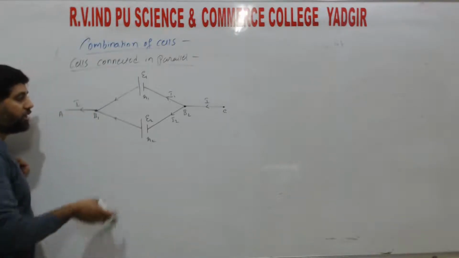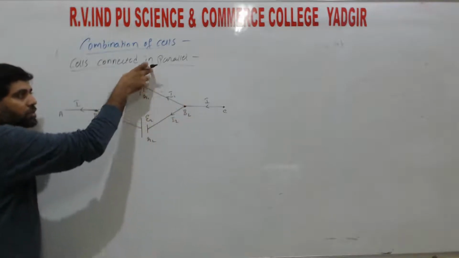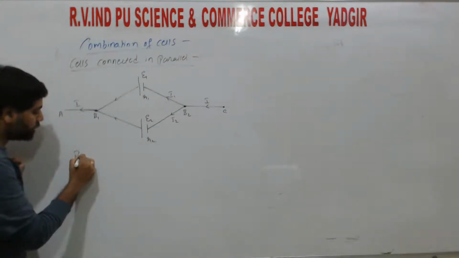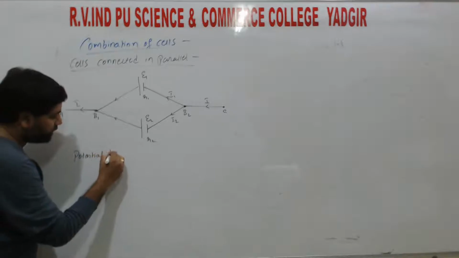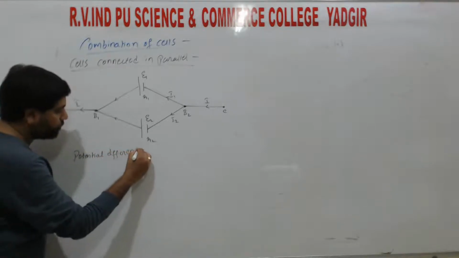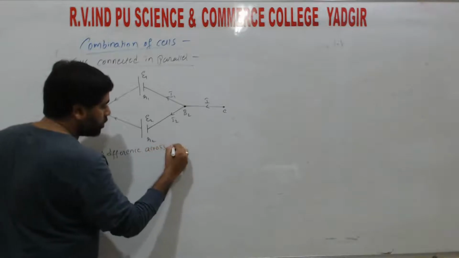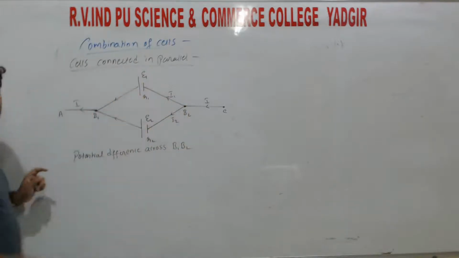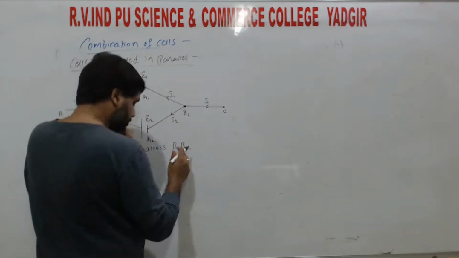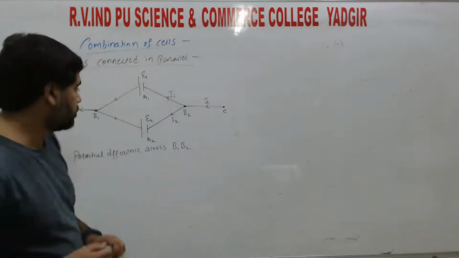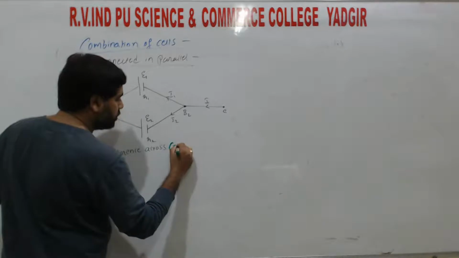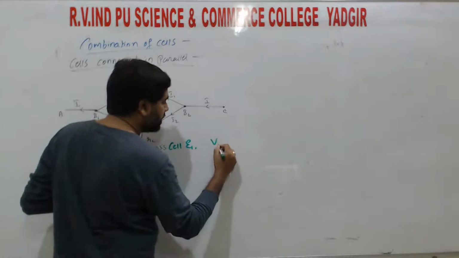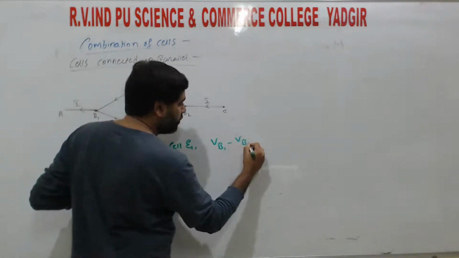Now the potential difference across B1 and B2, across cell E1, we can write as VB1 minus VB2.